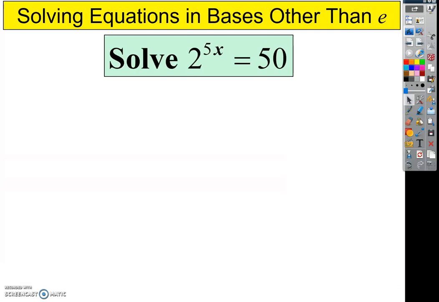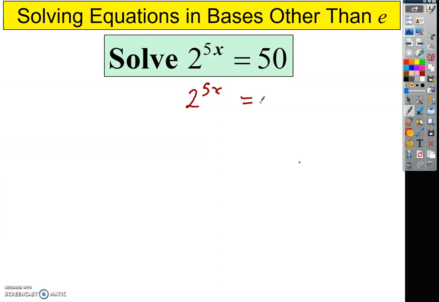This one's a little bit trickier right here because there is no way to rewrite this, but we can think of this as 2 to the x equals 2 times 5 squared. Not sure if that's actually helpful, but it is something we can do.